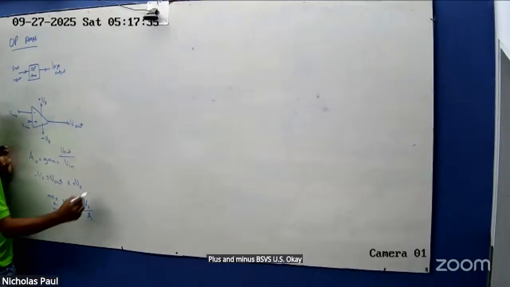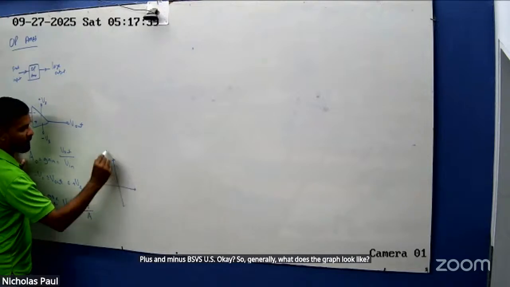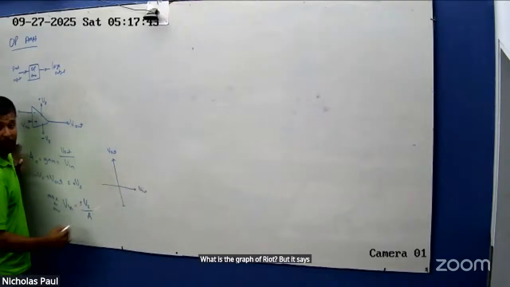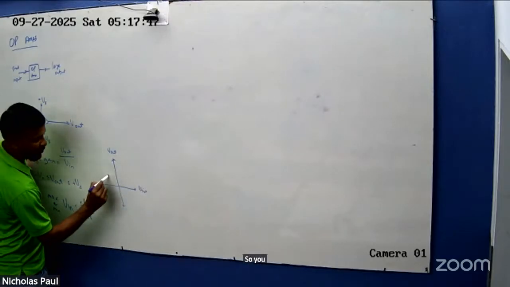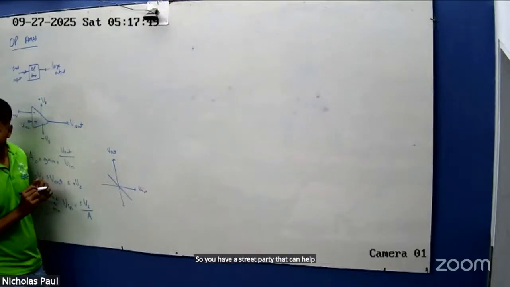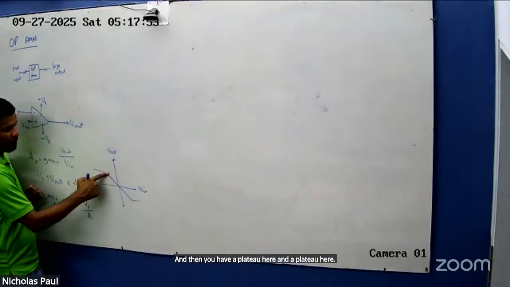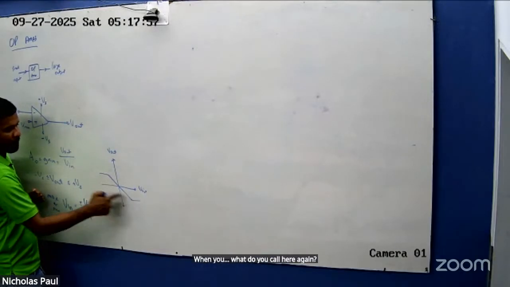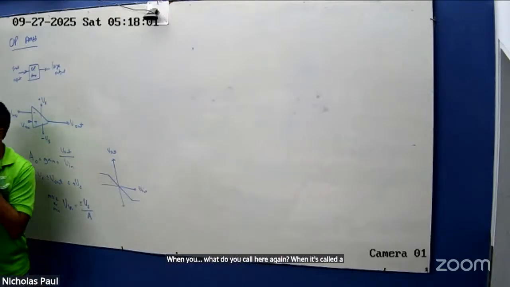Okay? Generally, what does the graph of V out versus V in look like? Kind of Z, right? So you have a straight part here that can help you find gain, and then you have a plateau here and a plateau here. What is that plateau part called?